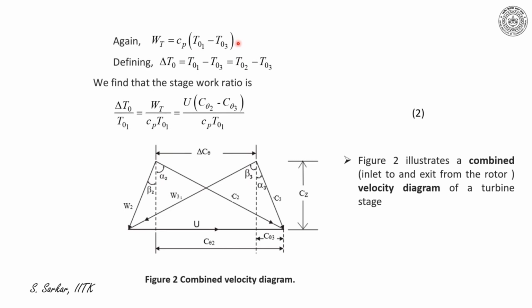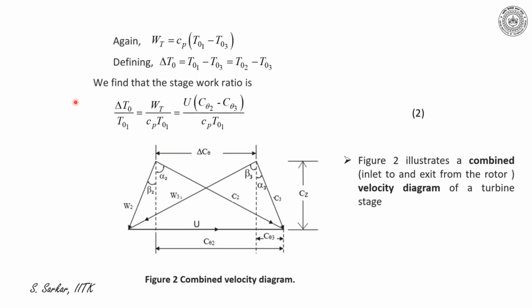From this equation, I can define the temperature drop in a stage, del T0, as T01 minus T03, that must be equal to T02 minus T03, as there will be no work output from the nozzle. So total temperature will remain constant. That is why T01 here must be equal to T02. So I have defined the temperature drop in a stage as T02 minus T03.